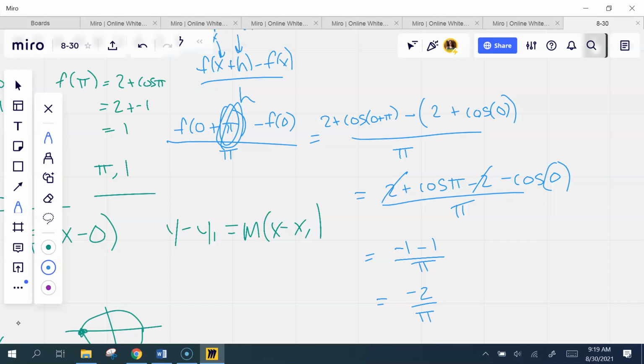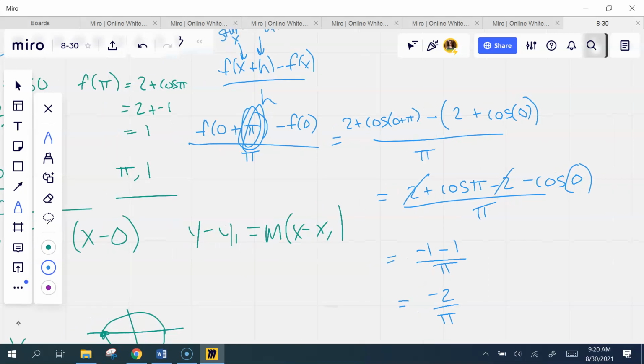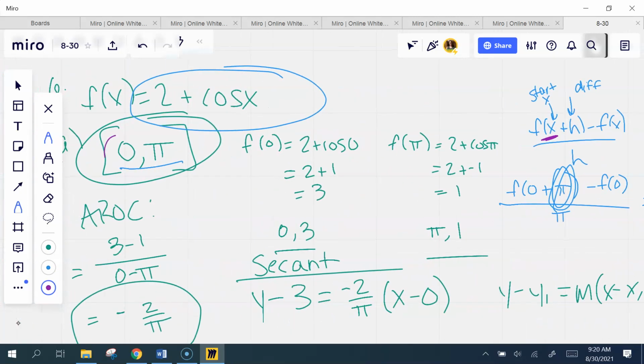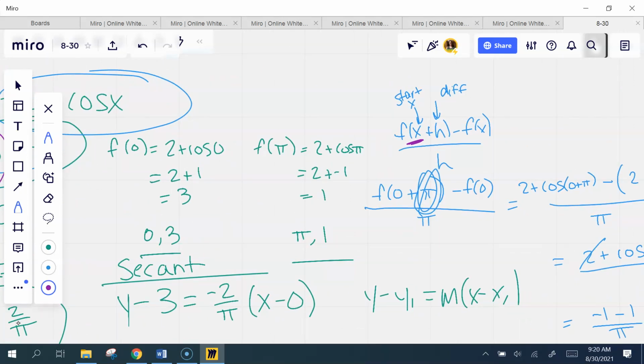Now, not that you have to do this for A-Rock, so if you're looking at it going, oh my gosh, yeah. Okay, so this is where I start in my interval. That's the very first point in my interval. So that was 0. This is if you take your start, I should actually say your 2 endpoints, the difference of the 2 endpoints in your interval.